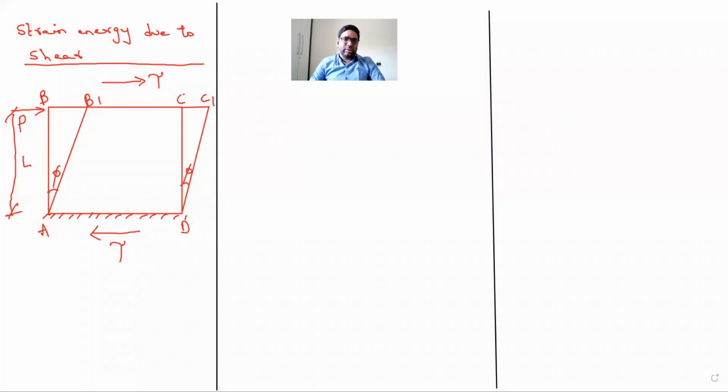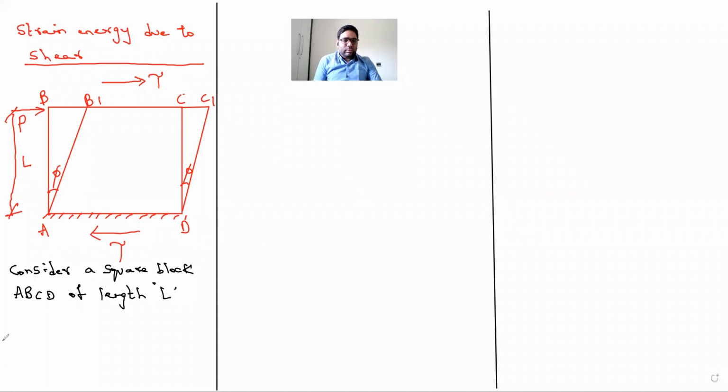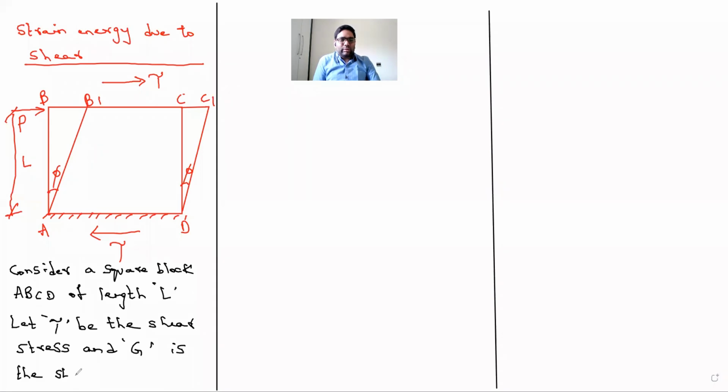Consider a square block ABCD of length L. Let tau be the shear stress, and capital G is the shear modulus.